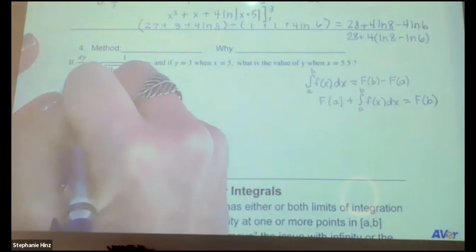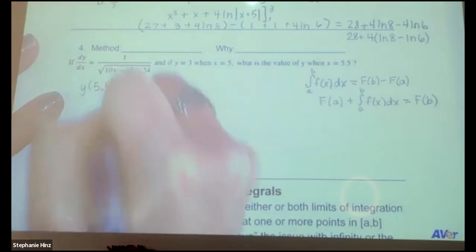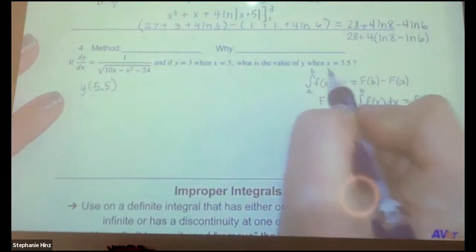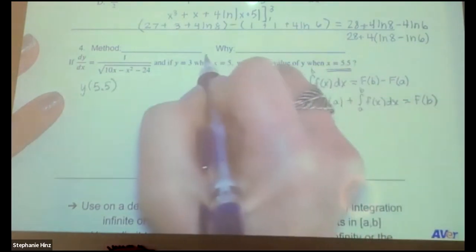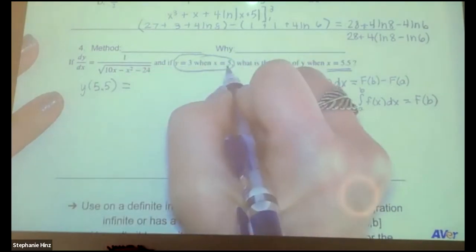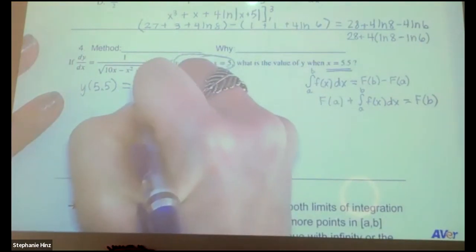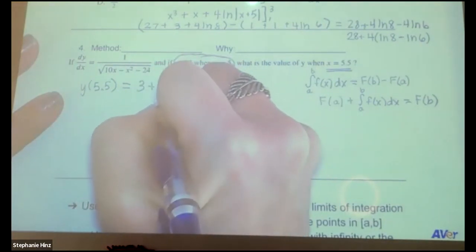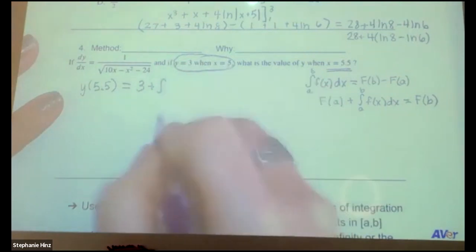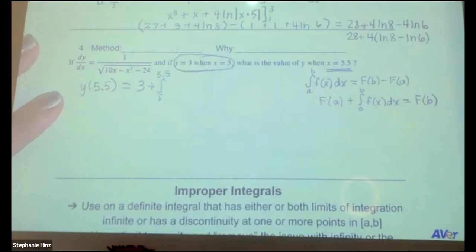So we know that y of 5.5, that's what we want to find, that's our ultimate goal. And we know that when x is 5, y is 3. So that's going to be 3 plus the integral from 5 to what we want, which is 5.5.